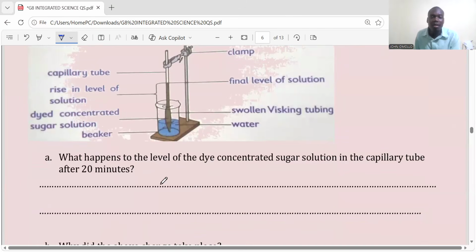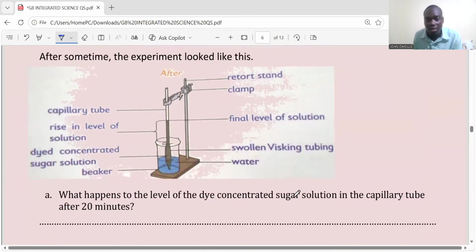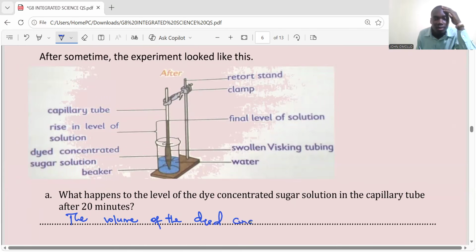Now, what happens to the level of the dyed concentrated sugar solution in the capillary after 20 minutes? The volume of the dyed concentrated sugar solution increased.